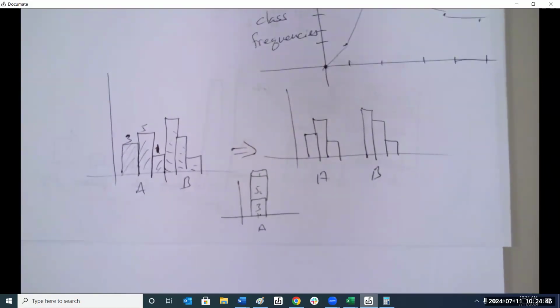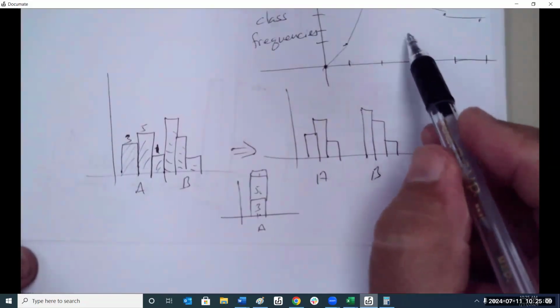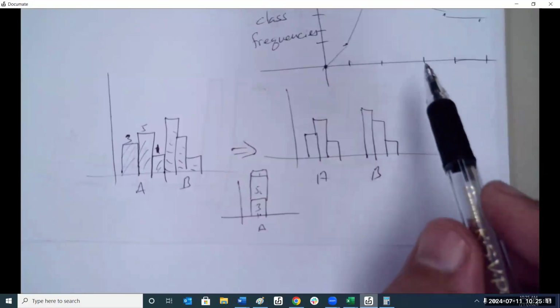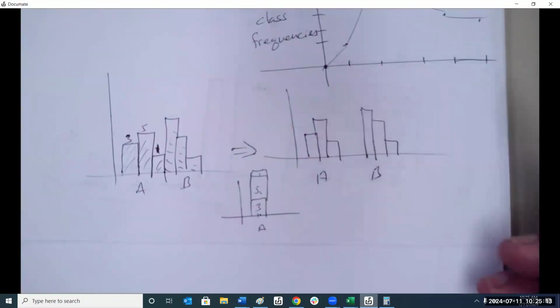Can you do them with pie charts? Can you compare two or more on the same pie chart? No. It's like mixing a chocolate pie with a pumpkin pie. It'll taste good, but you couldn't tell the two different pies apart. It would be its own unit. So no, you can't. Frequency polygons, we can do that. We can put multiples.